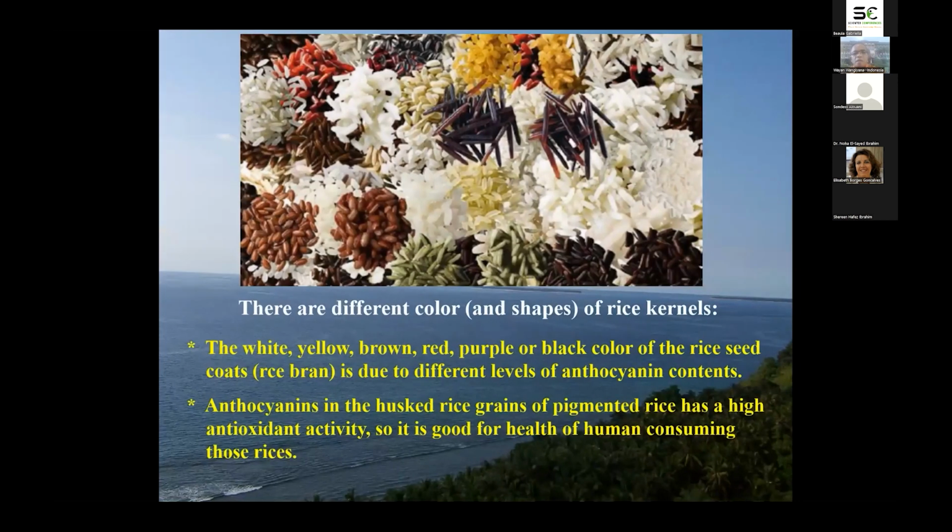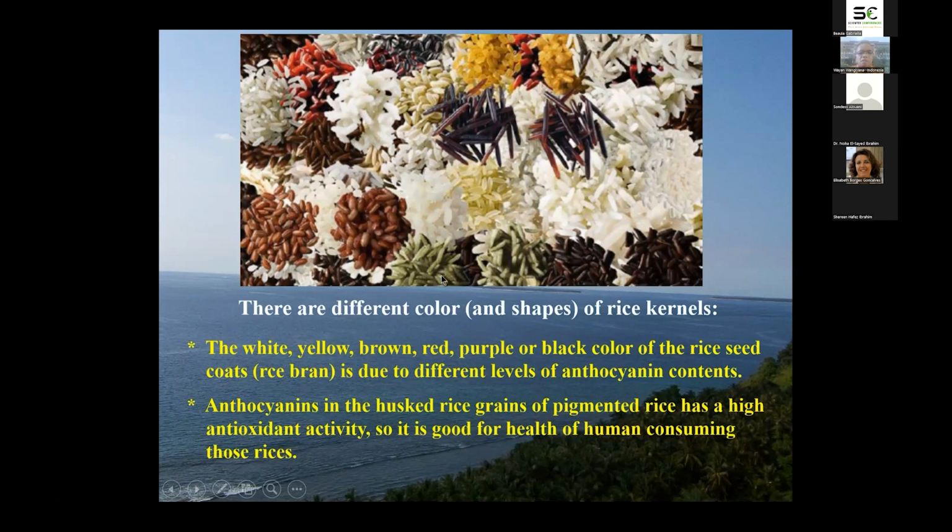If we look at the different shapes and color of rice grain, whole grain, there are examples here. This is very long grain. There is a very short grain, red rice, golden rice, yellow, purple, black, brown.